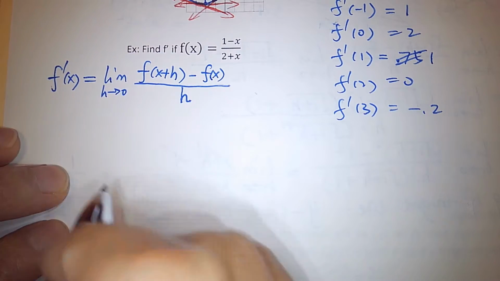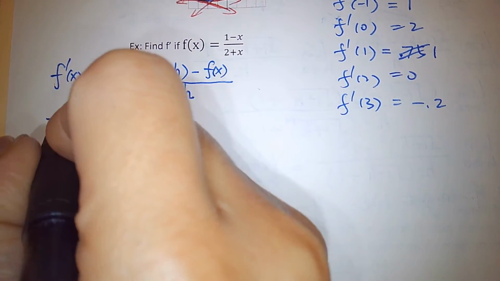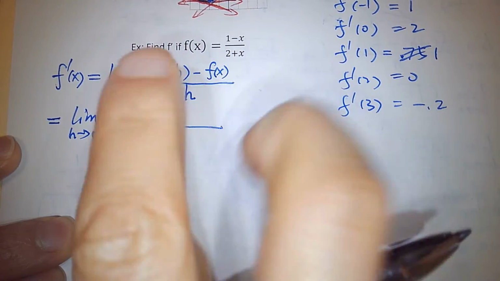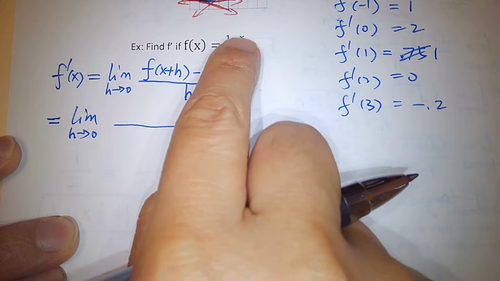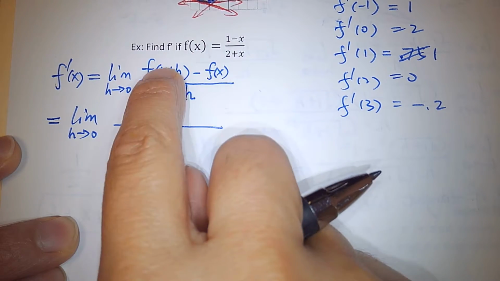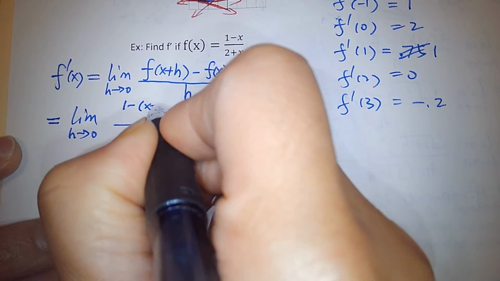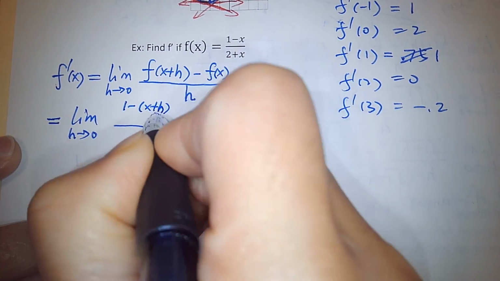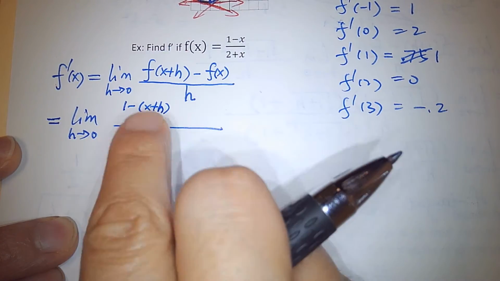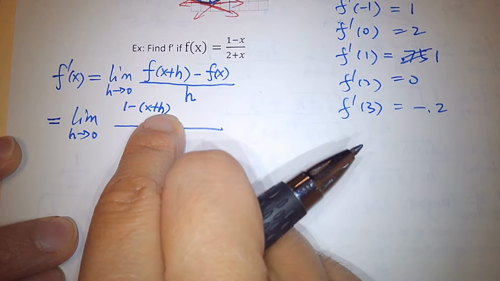Plug in the definition. I want to leave myself enough space because there will be a lot of calculation. What is x plus h? Replace every x in this function by x plus h. So it is going to be 1 minus parentheses x plus h. You don't want to mess up the sign. If we do not put a parenthesis, it becomes 1 minus x plus h, which is different.